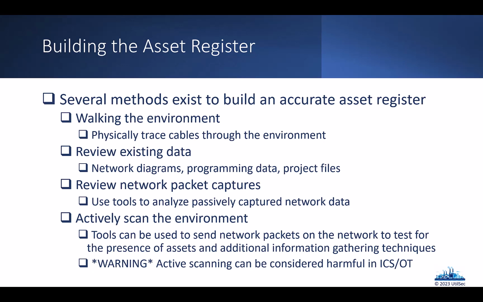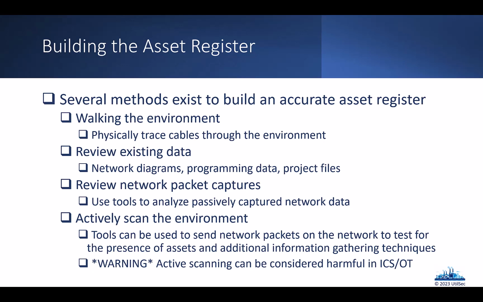And then we can actively scan the environment, whether it's with a tool like Nmap or we go and purchase an ICS OT solution for active inventory management. Those tools usually do the passive capture as well. So we can look at performing active scans, and we might see that at higher levels of the Purdue model when we're looking at the overall control system network as a whole.